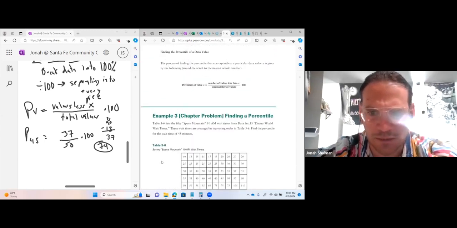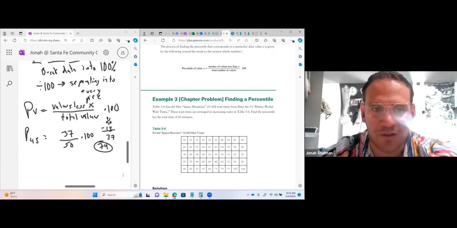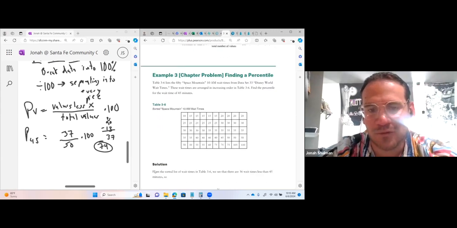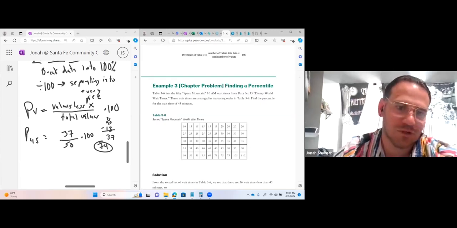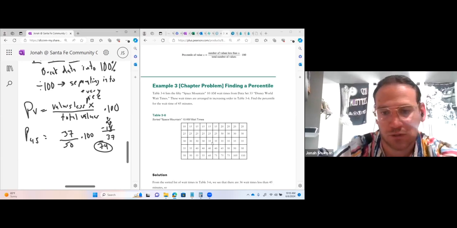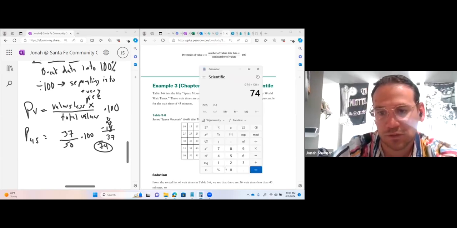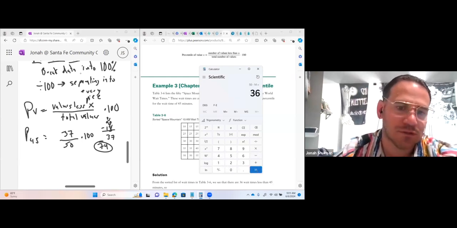Number of values less than X. Oh, because I have to include this one. Ha ha. So yeah, I counted it wrong when I subtracted because I had to include the 45, because it's all these less. So it's not 13, it's 14. Sorry. 14 would make this what? 50 minus 14 is how much? If we get confused, we use this. Guess what? We all make mistakes. That means we're learning. So it's 36.